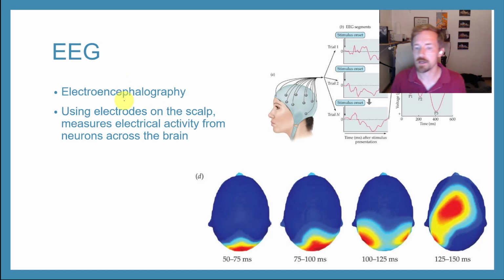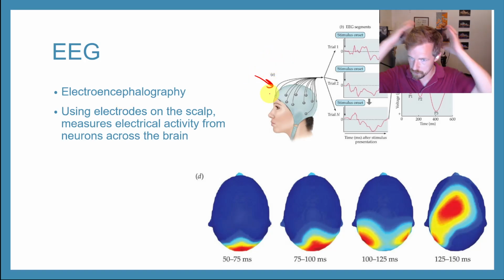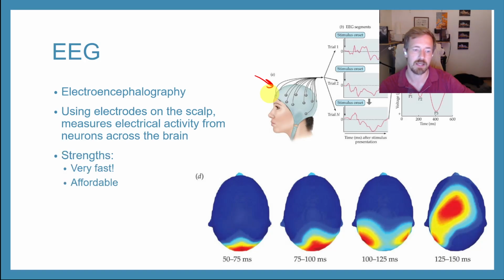So this is as direct as you get with neuroimaging, pretty much. Well, single cell recording is probably more direct, but EEG is measuring the action potentials that are generated across the surface of the brain. This is whenever you see people with these funny little skull caps on. What they're measuring is electrical activation across your brain.